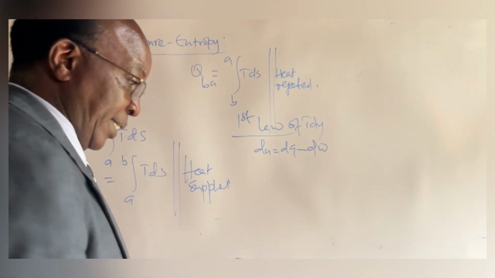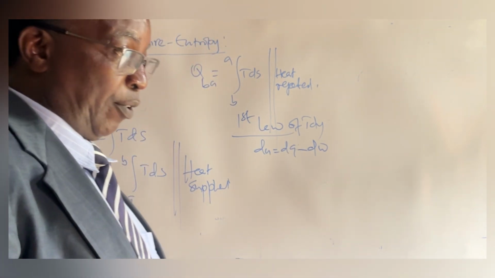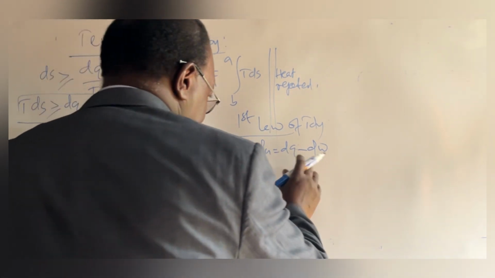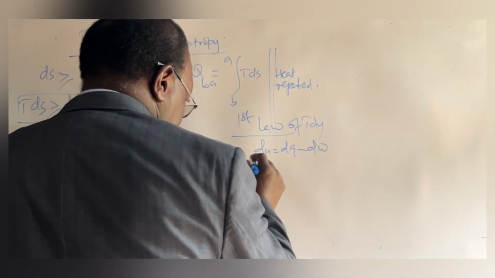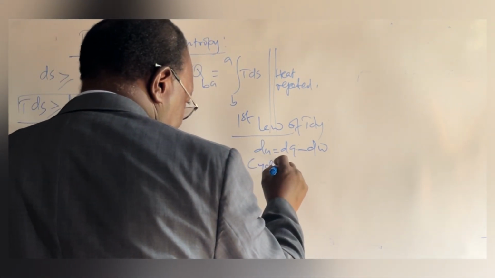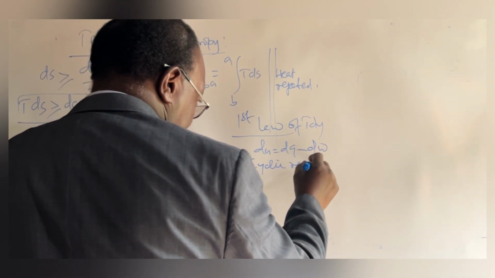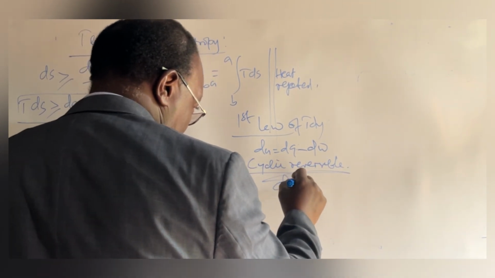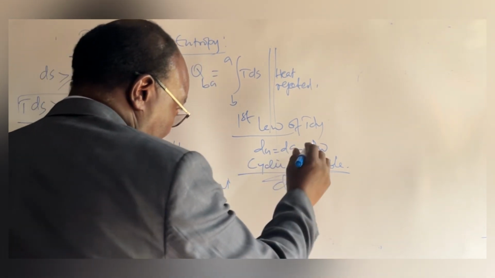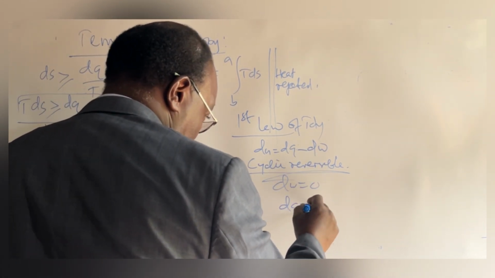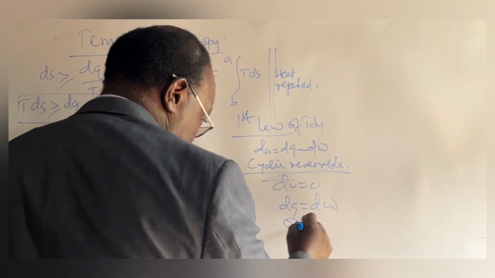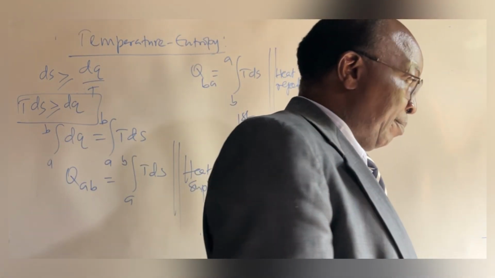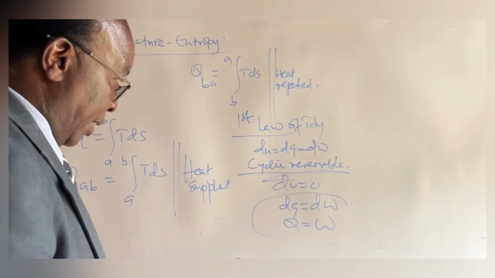It doesn't bear much significance whether it stands for work done by the system or work done on the system. And so for a cyclic reversible process, du is 0. And so dq is equal to dw, or q is equal to w. So the heat supplied is the same as the work.